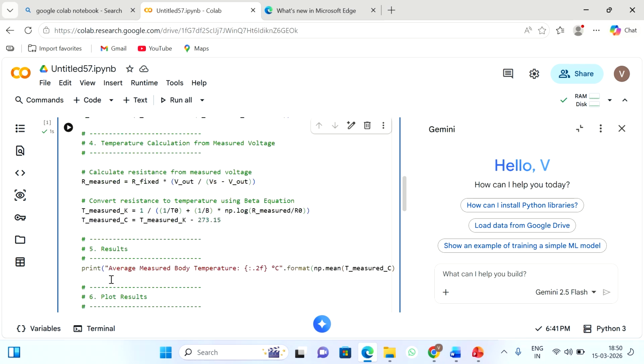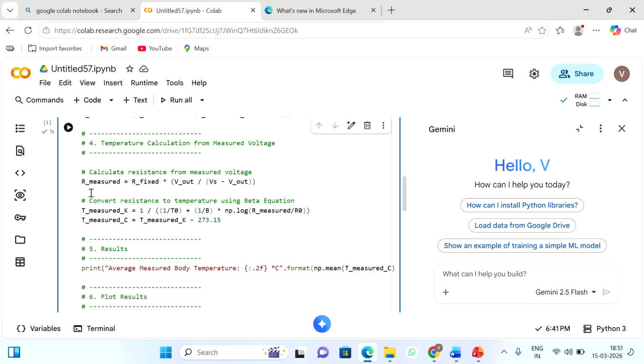So for step 1, find the resistance from measured voltage. R_measured is equal to R_fixed times V_out divided by (VCC or Vs minus V_out).